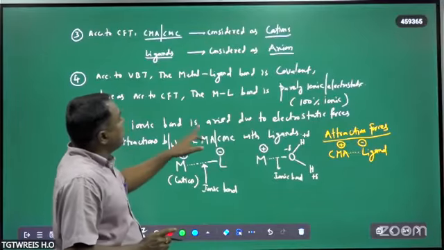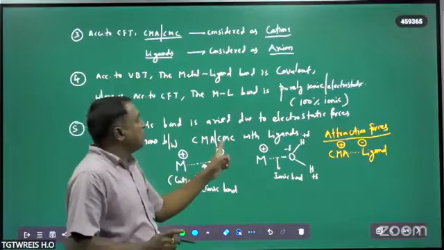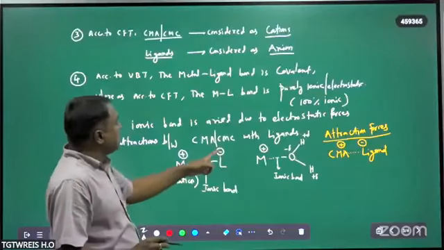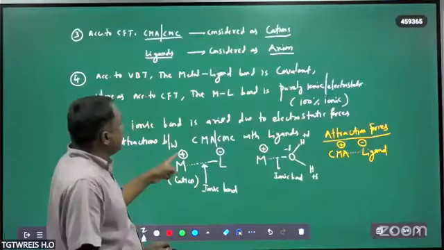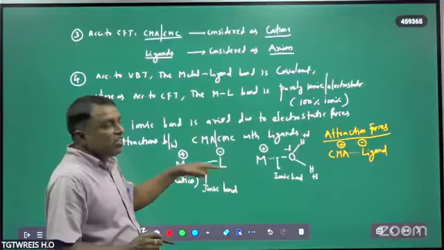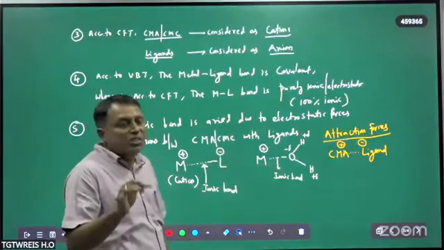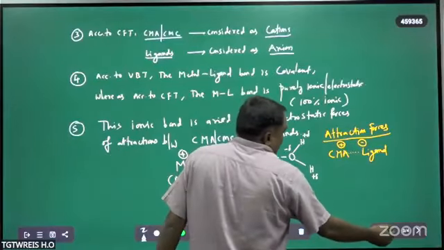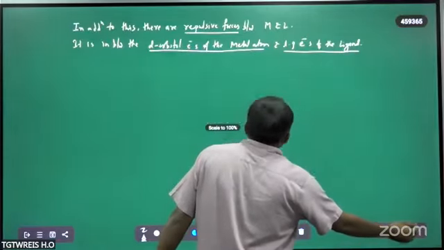This ionic bond arises due to the electrostatic force of attraction between the central metal cation and the ligands. The ionic bond is developed between the positive charge of the metal and the negative charge of the ligand. There is an attraction between the two oppositely charged ions, therefore you get an ionic bond.